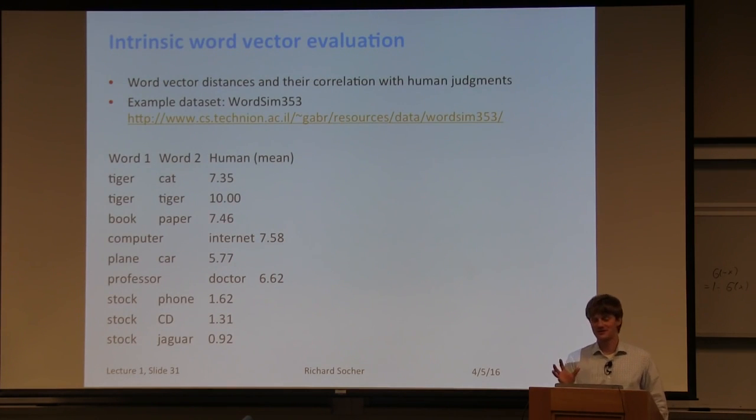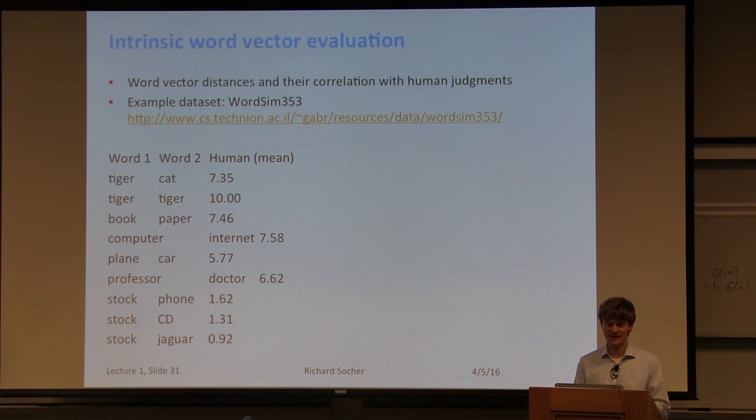All right, now another intrinsic word vector evaluation that is very common and has been used a lot more in the past is actually just to look at similarities. So you look at inner products and you say, well, if we asked a bunch of humans on a scale from 1 to 10, how similar do you think tigers and cats are?